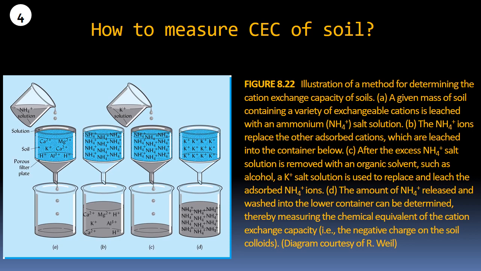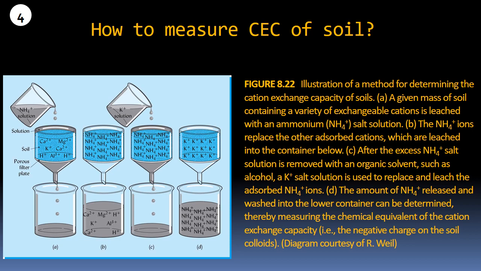So if you just look at A, imagine that now you brought a soil and you put it in this beaker, and since you know that that particular soil has different cations that can be adsorbed in the soil, and some of them are in the soil solution. So the first step that we need to do to determine the CEC is to remove all of these adsorbed cations from the soil.